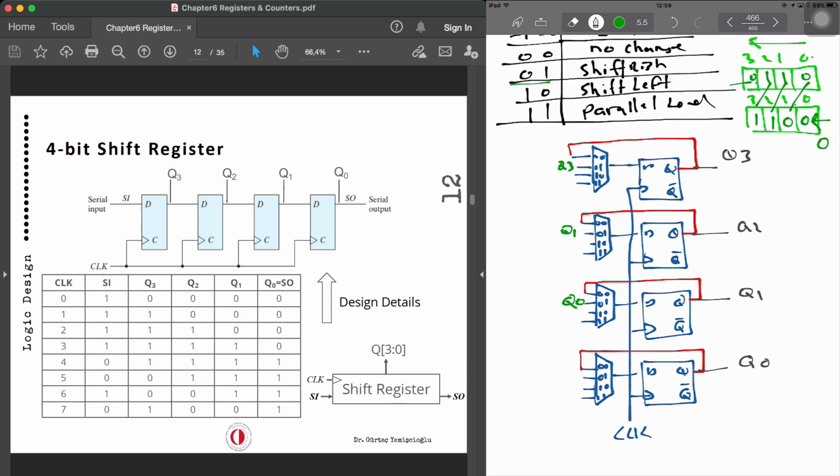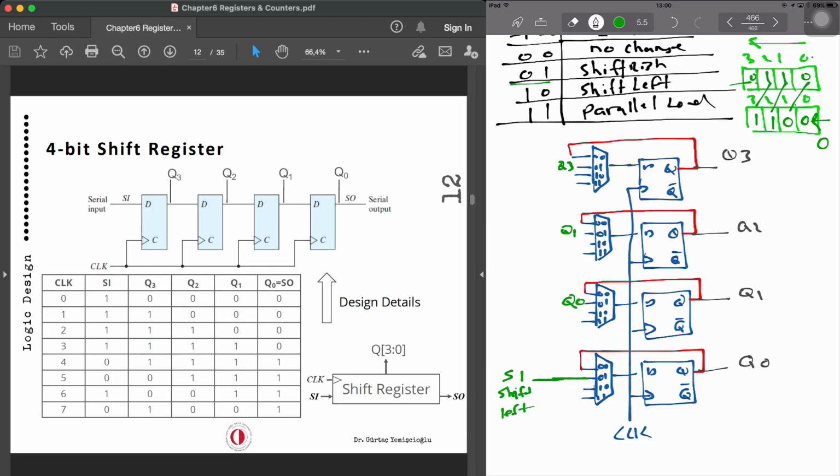So this is actually shifting. Now Q0 is going to be fed in a serial input, let's say SI, shift left. Generally this is 0 for SI.